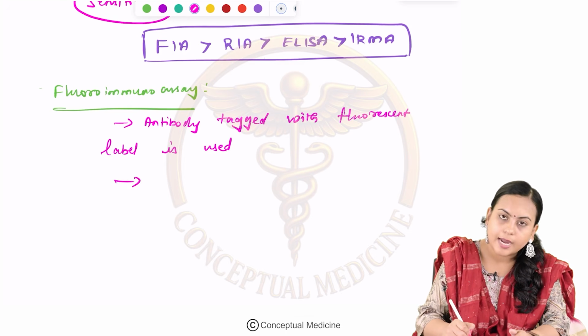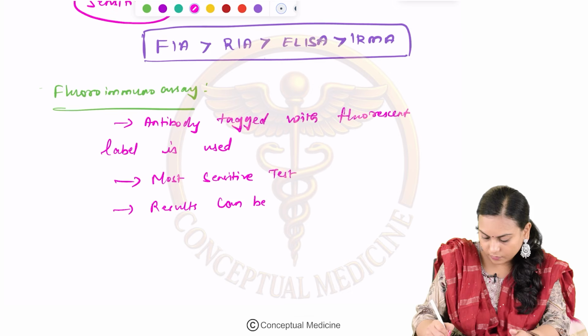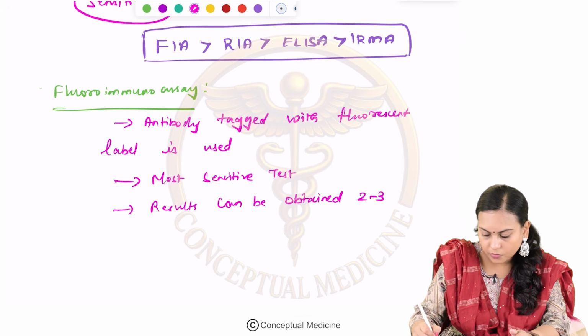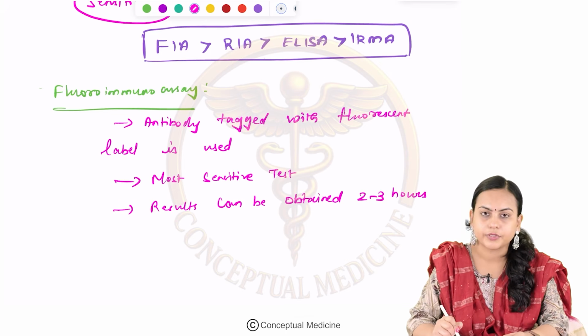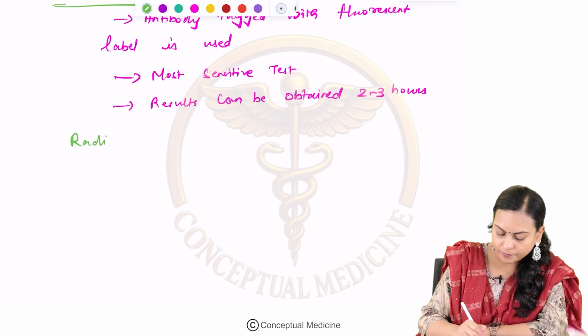Okay, and we all know that this is the most sensitive test and the results can be obtained within 2 to 3 hours. Next is radioimmunoassay.